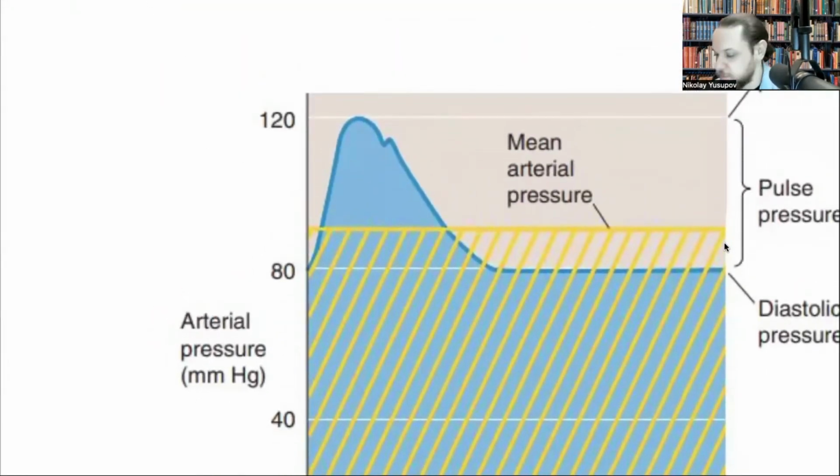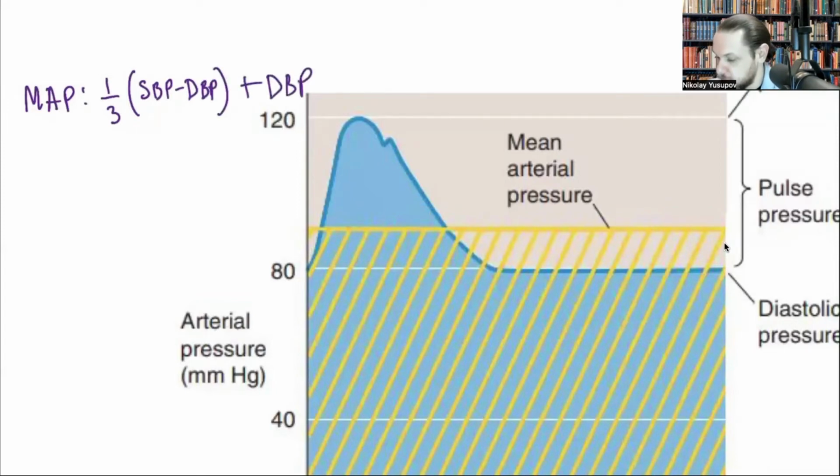So there are 2 different formulas for calculating mean arterial pressure. One of them, you could use 1/3 of your pulse pressure, which is systolic blood pressure minus diastolic blood pressure, plus the diastolic blood pressure. This portion is known as the pulse pressure.